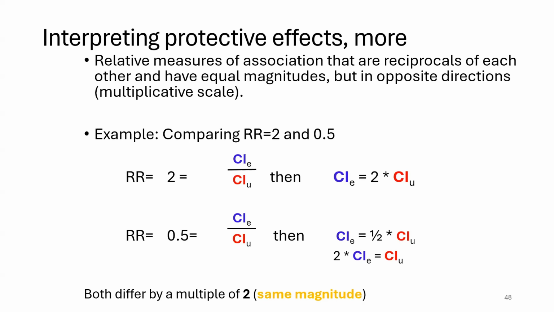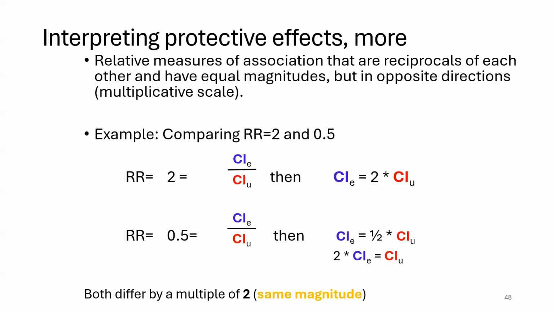The one really important consideration that I want you to have just at the back of your mind is that our relative measures that we're using here are reciprocals of each other. So they might have equal magnitudes, but be in opposite directions. So this is really relevant when you're trying to compare two different relative risks, risk ratios, rate ratios, where one is below one.